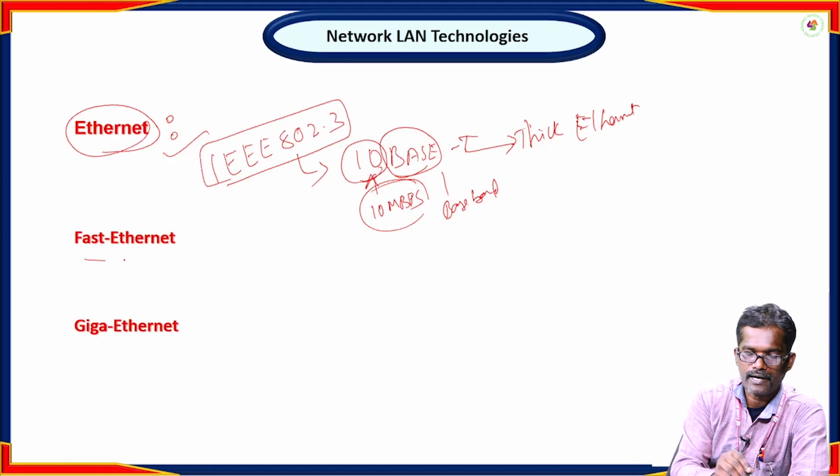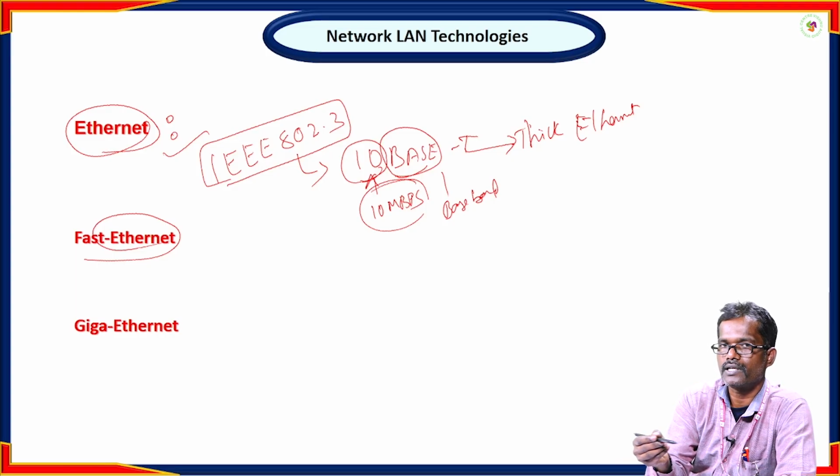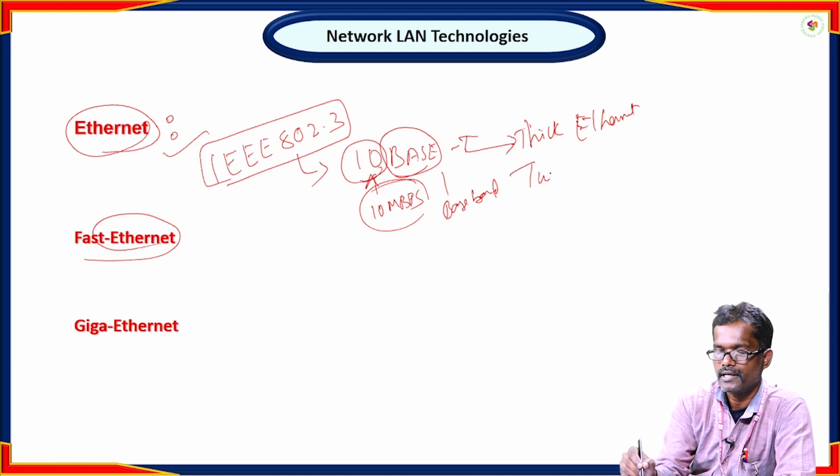For Ethernet, which types of cables can be used? If you see here, we can use twisted pair cables, the normal Ethernet cables that we are going to use in our systems or in our labs, as we will see.